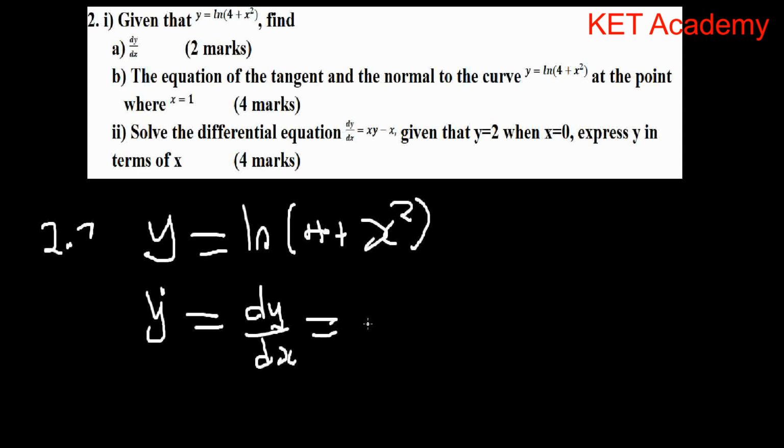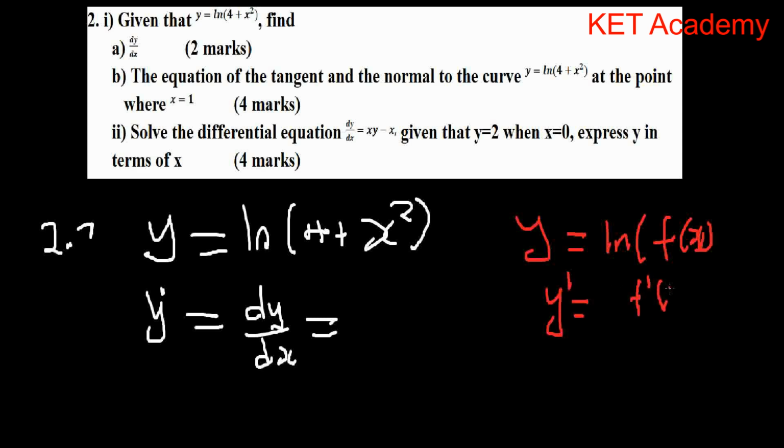Before going to this, I would like to draw your attention to this point: if you are given a function, let's say y equals ln of f of x, then y prime will simply be f prime of x divided by f of x. So in this case, we simply need to look for the derivative of our function divided by the original function.